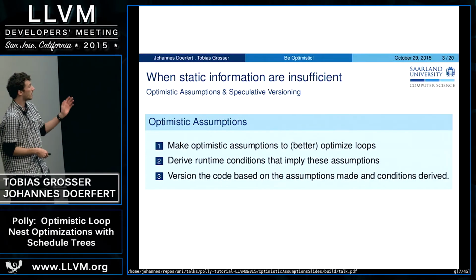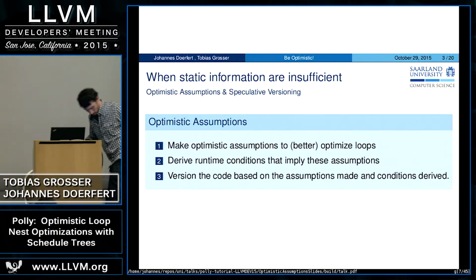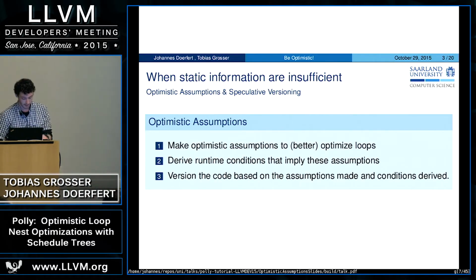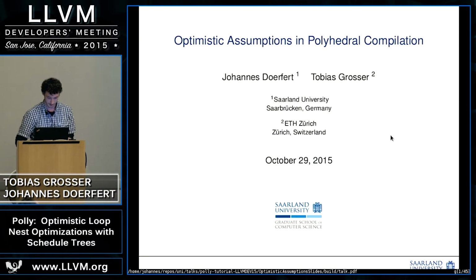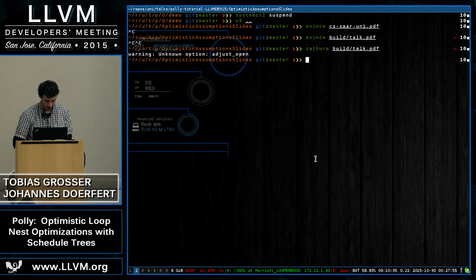So what we do here is we version the code. Oh, wait. Whoa. We version the code so that it... no, this is not right. Wait, sorry about that, that doesn't work that way.